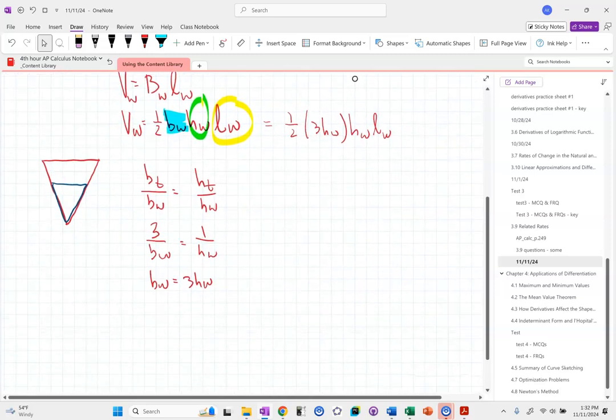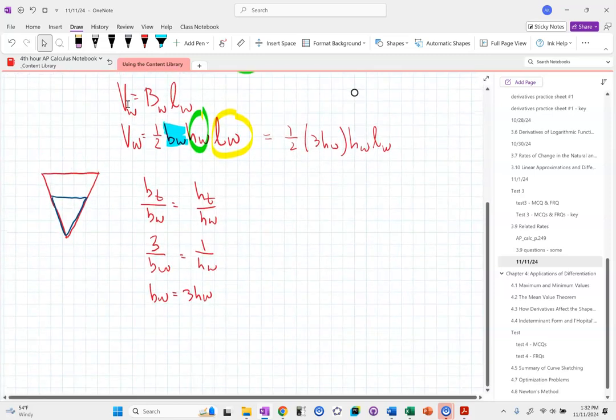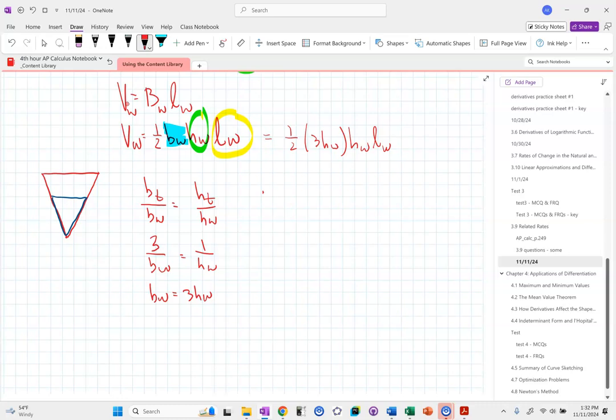So I have that. So far, so good. And I know that the L is 10, so that's just going to be 15 HW squared. And now I think I'm ready to differentiate.